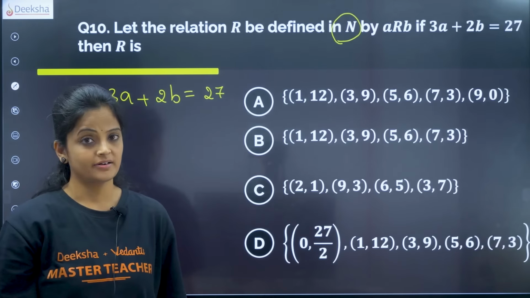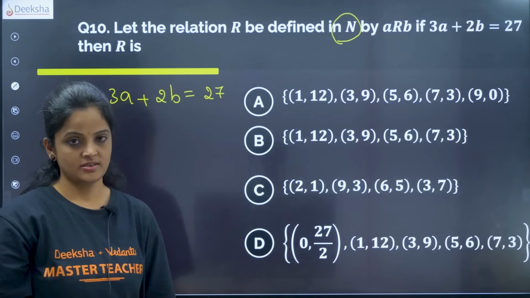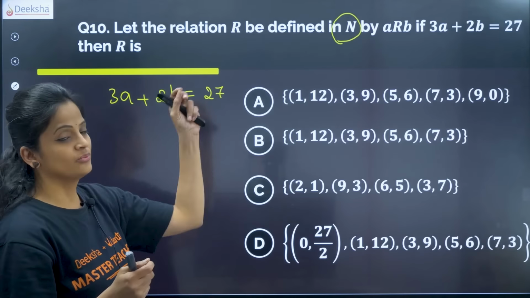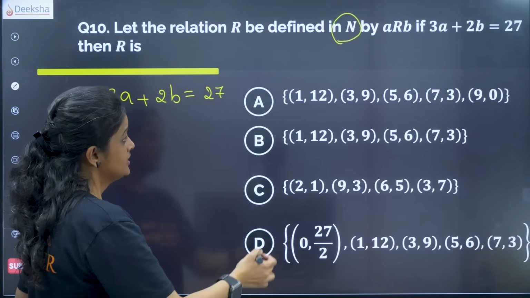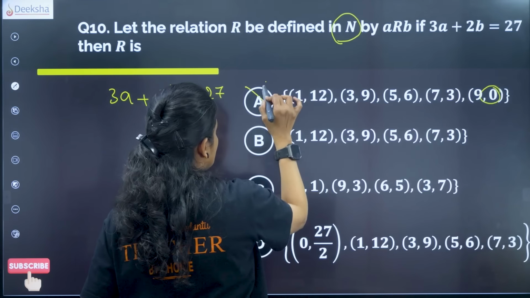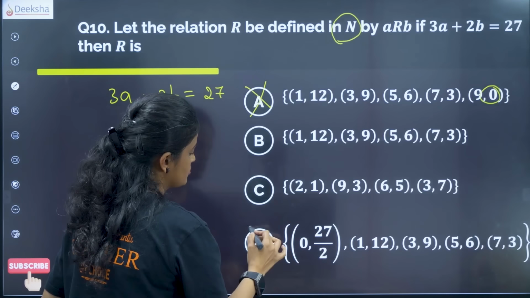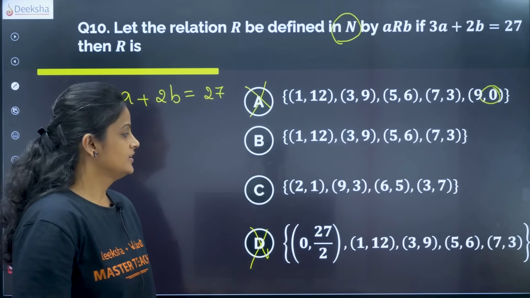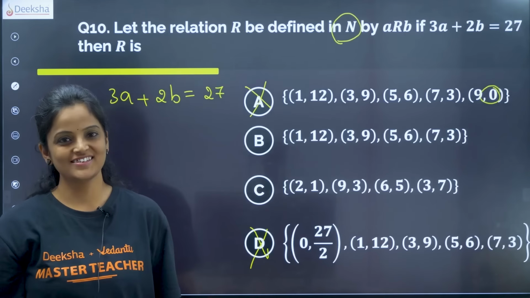Then what is R? Observe the options, because we have a very big hint: we are dealing with natural numbers. So when we have natural numbers, 0 is not allowed. Rule this out. 0 is not allowed. So A and D are gone. We are again left with B and C.